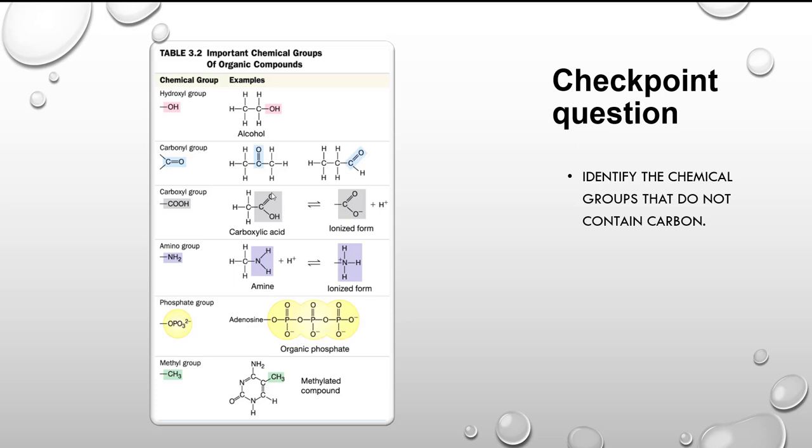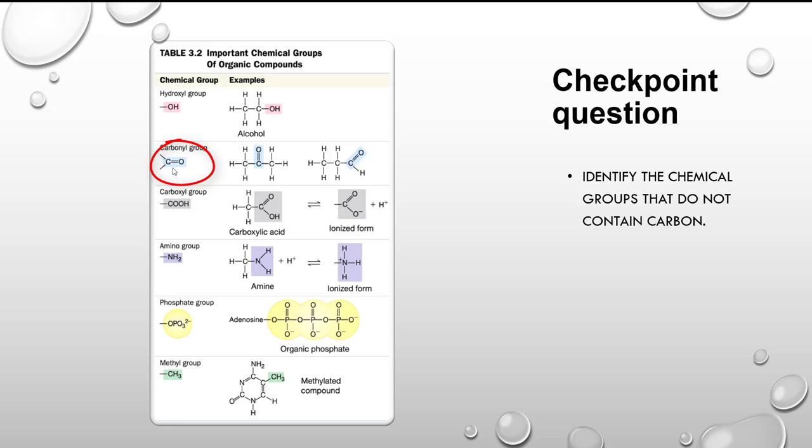The carboxyl group. Carboxyl groups contain an OH, like our hydroxyl group, but they also contain a double bond to an oxygen for that carbon. When it's just a carbon double bonded to oxygen without the hydroxyl, we call that a carbonyl group.